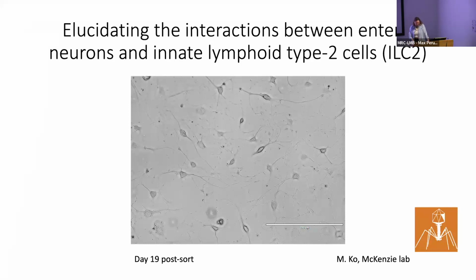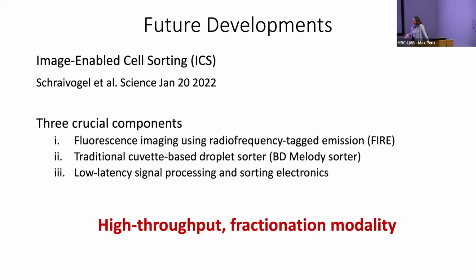So, all right, just to end up my last couple of slides, I'm going to talk a little bit about the future developments in the field. One of the things that I think in my decades-long career in flow cytometry has been so fascinating is seeing the changes in the field, particularly in this very cross-disciplinary overlap with other types of technologies.